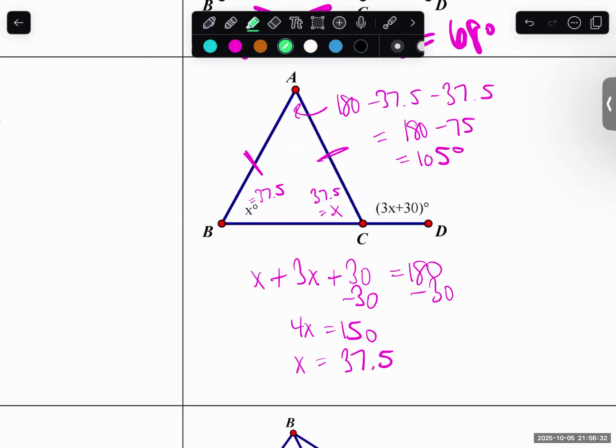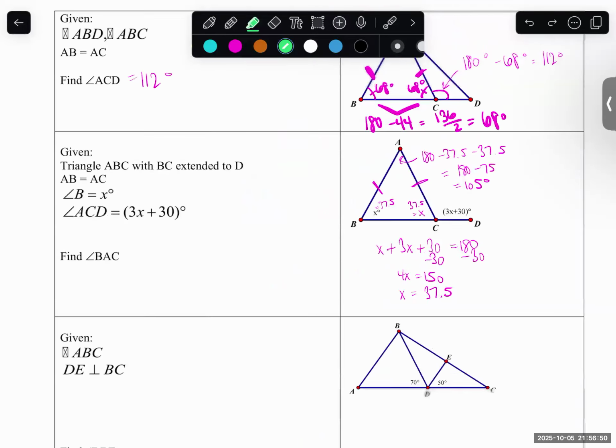Again, we got this because the sides were equal. Because the sides are equal, these angles are equal. And because those are equal, these are now supplementary. So they equal 180. I solve for X. I plug it back in. I know a triangle equals 180. So this is 180 minus both of those angles. Great. So BAC is 105.